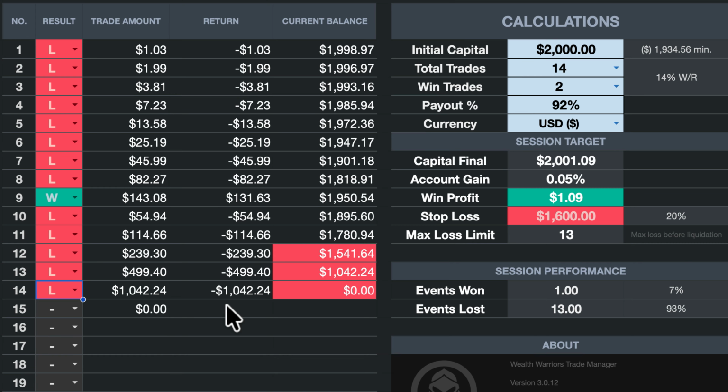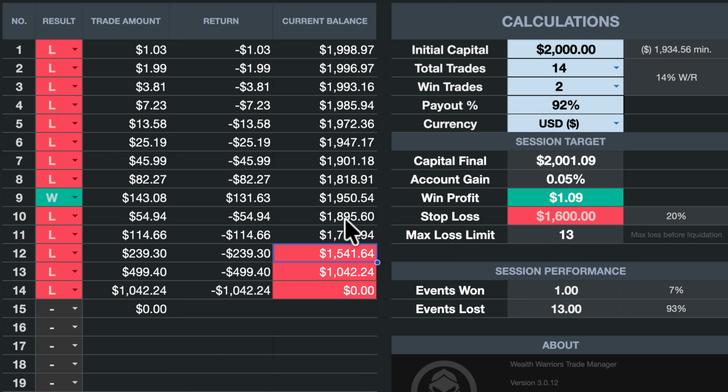Boom. Right? So guys, spread things out a little bit more. Don't push it all the way to the end. Earlier this year, I had a 20% drawdown in my account. This is basically your drawdown. You're starting up here, you started with 2,000, and now you see you're going down, and this stop loss alert over here will alert you.